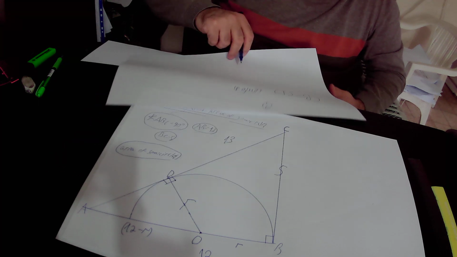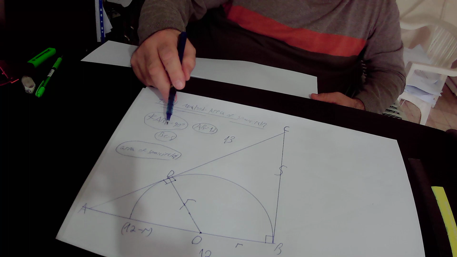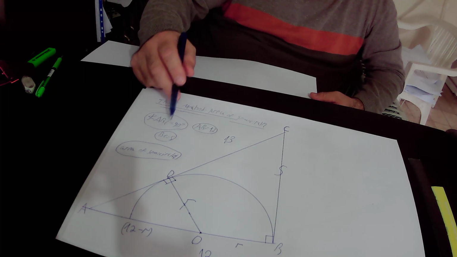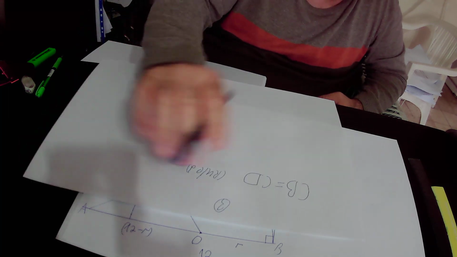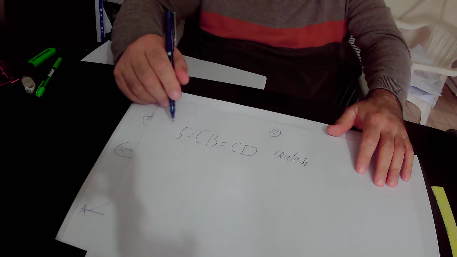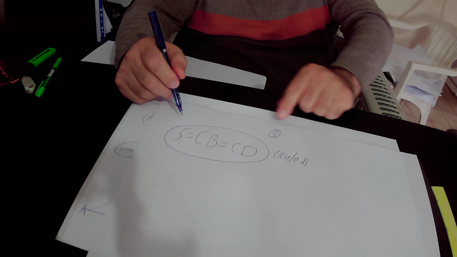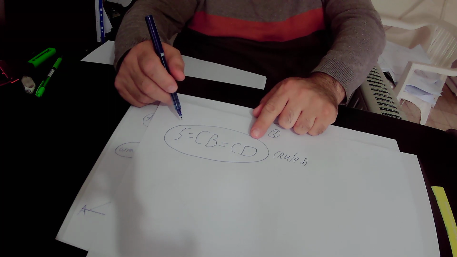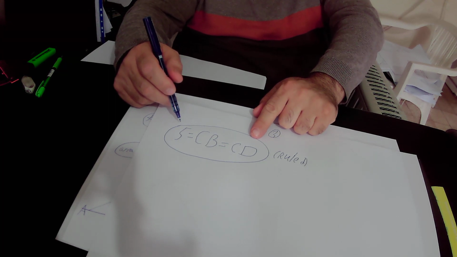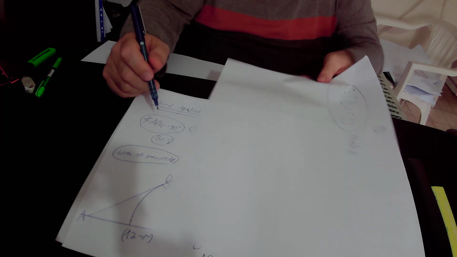But it is given in the question that CB equals 5 units. CB or BC, it is the same, equals 5 units. So we can write here that CB equals 5 units, and from this equation we conclude that CD also equals 5 units. So we can write here that CD equals 5 units.